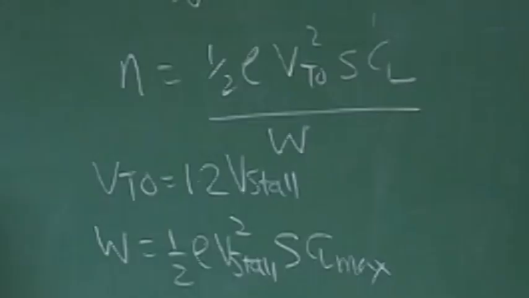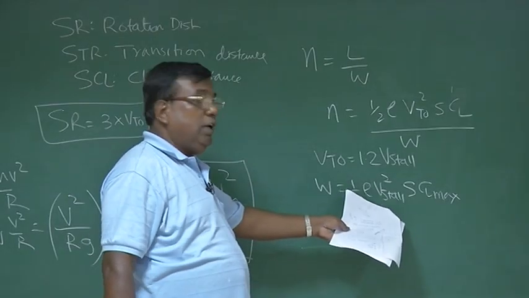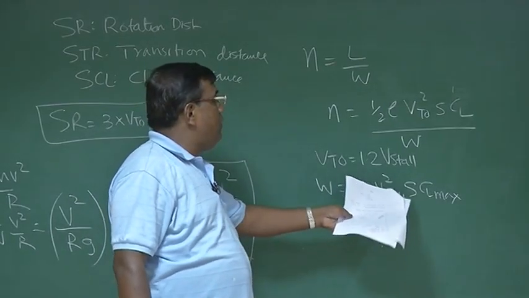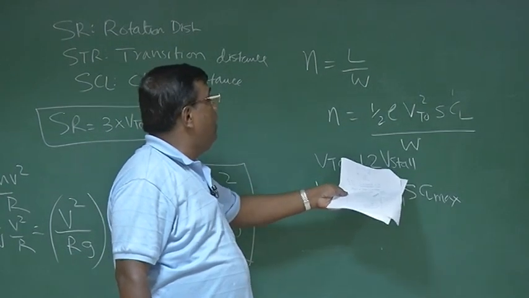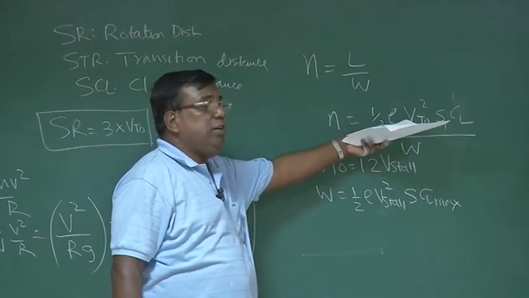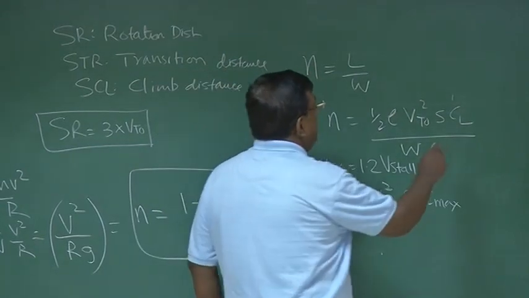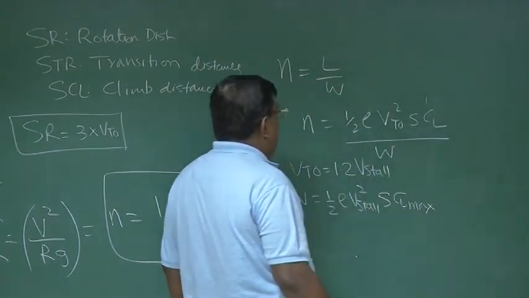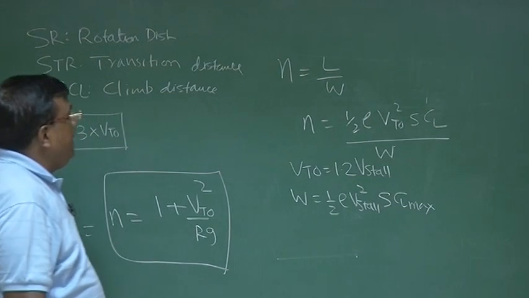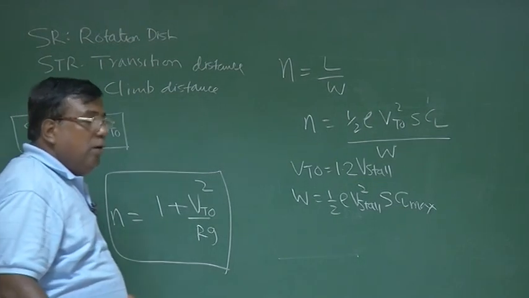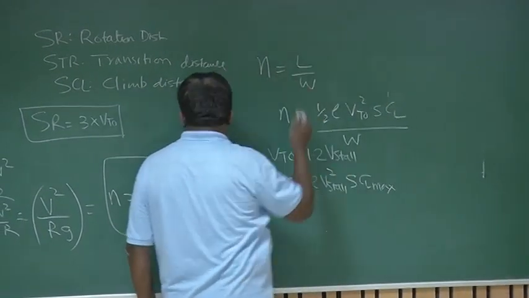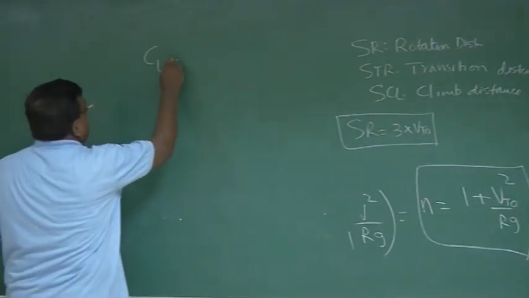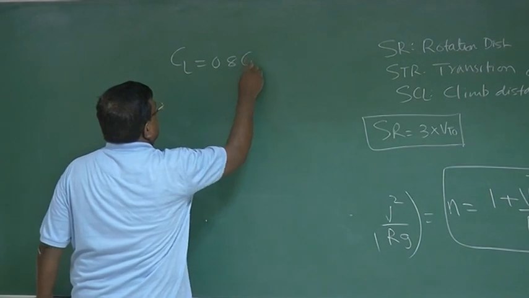Correct? By definition of V stall, half rho V stall square S CL max equals W. V takeoff I know is 1.2 V stall, and this speed is V takeoff square, and here I write CL. And now try to find N, as we have assumed that during the takeoff the CL is 0.8 CL max. CL takeoff is 0.8 CL max.